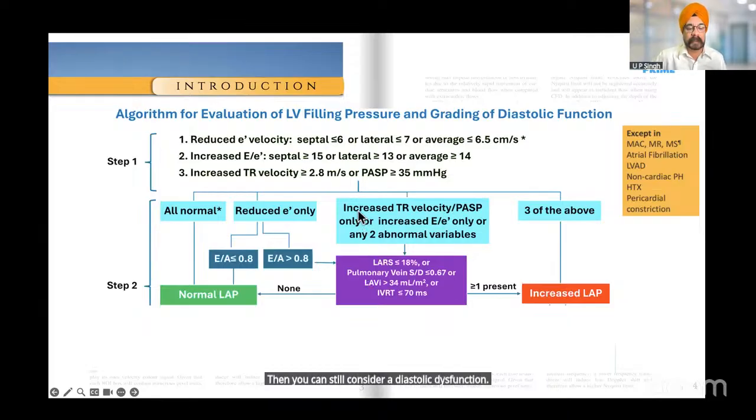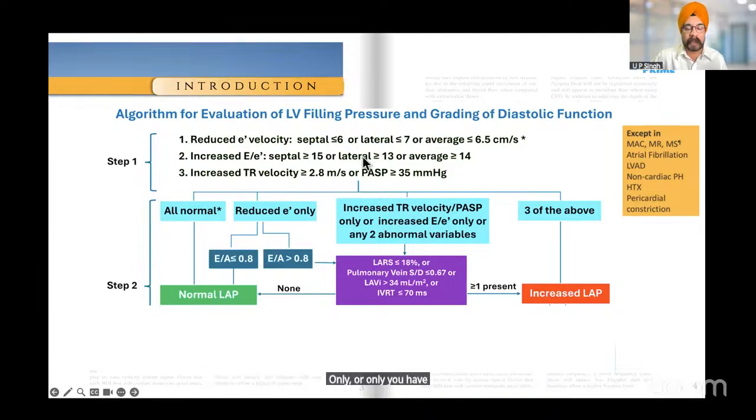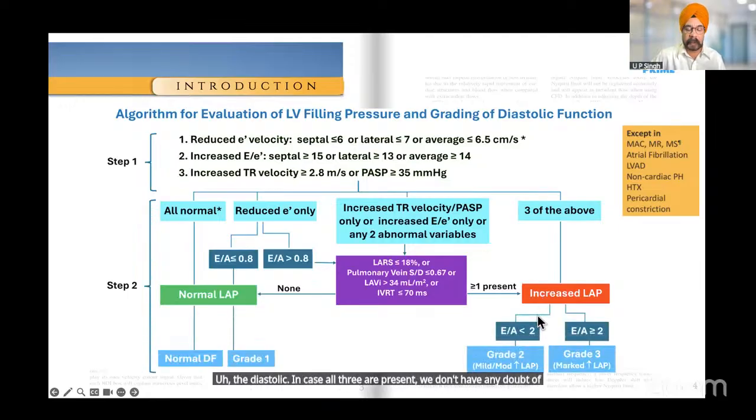If you have an increased TR velocity, which can be there because of many reasons, or only an increased E to E prime, that has to be taken carefully. We may not be able to make a diagnosis only based on E to E prime, and then you have to use further methods to make an assessment of the diastolic function. In case all three are present, we don't have any doubt of increased LAP.